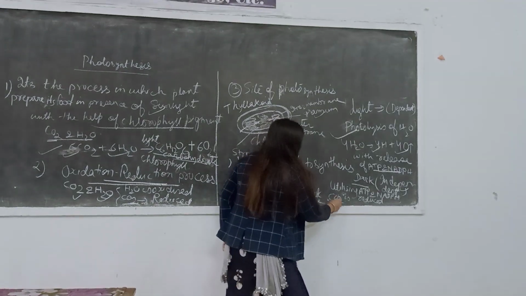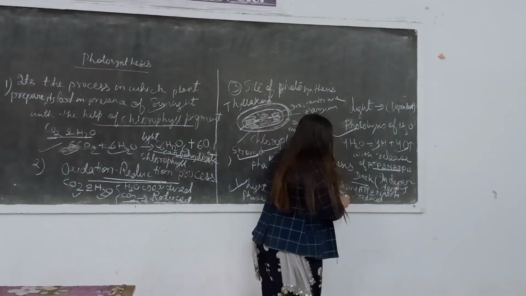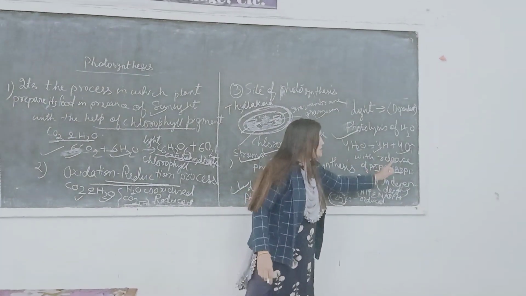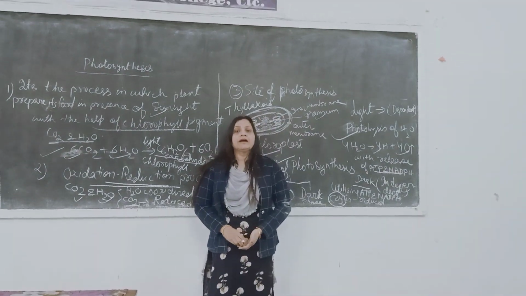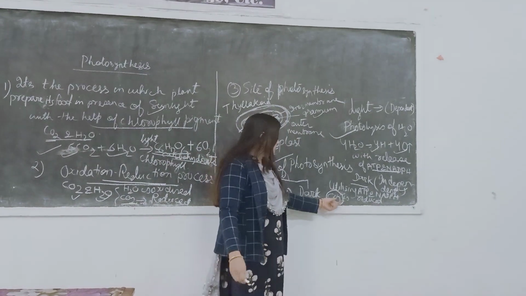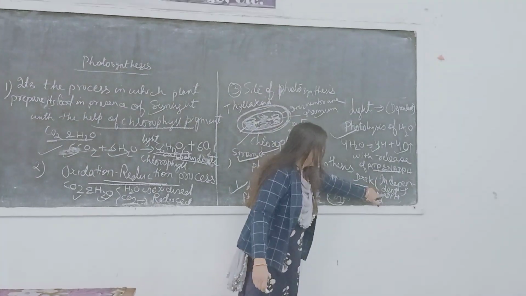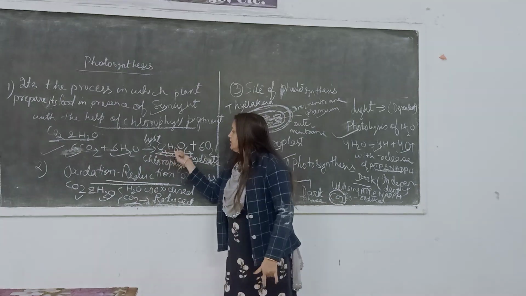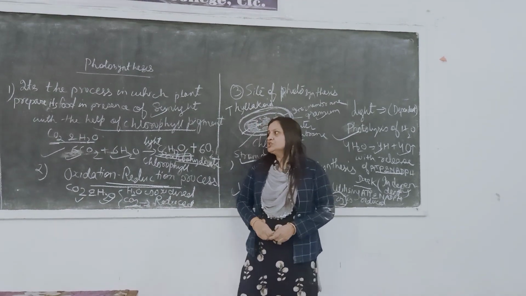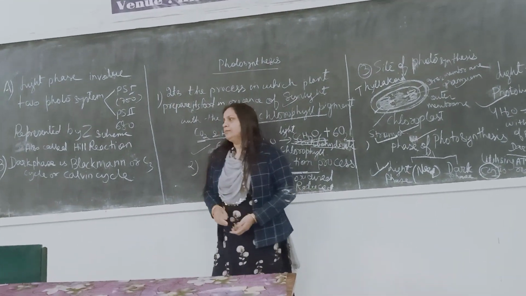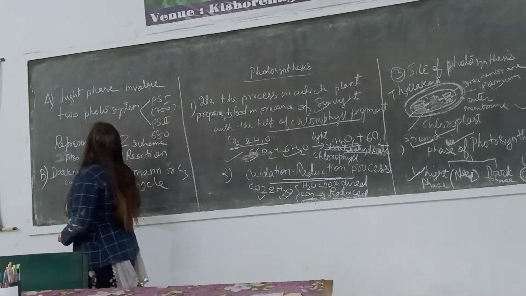With the help of carbon dioxide, this carbon dioxide is reduced, and with the utilization of ATP and NADPH, it forms carbohydrate. So the two phases can be explained very well by this light phase and dark phase.